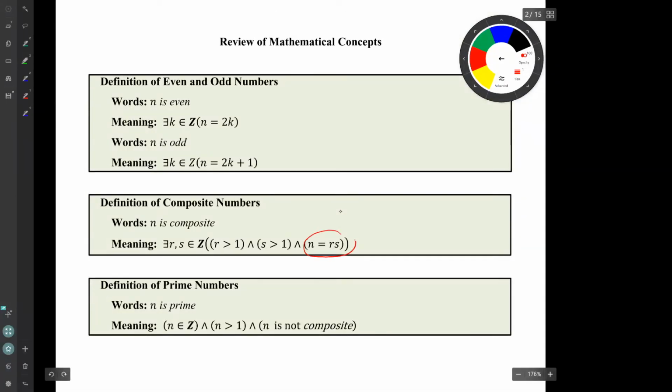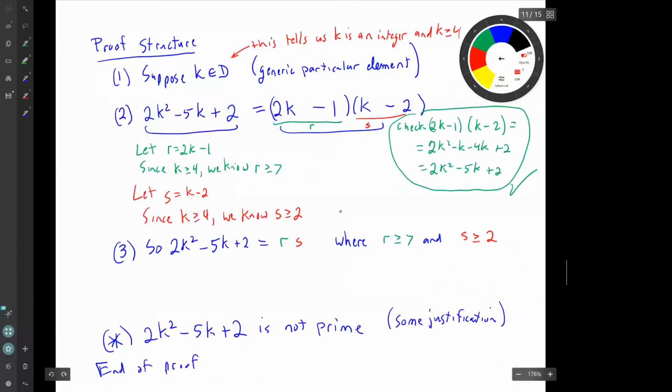We have been able to factor our expression as r times s, where both of those numbers are greater than 1. So that tells us that our expression is composite. So we can follow up statement 3 by saying that our expression is composite by statement 3 and the definition of composite.